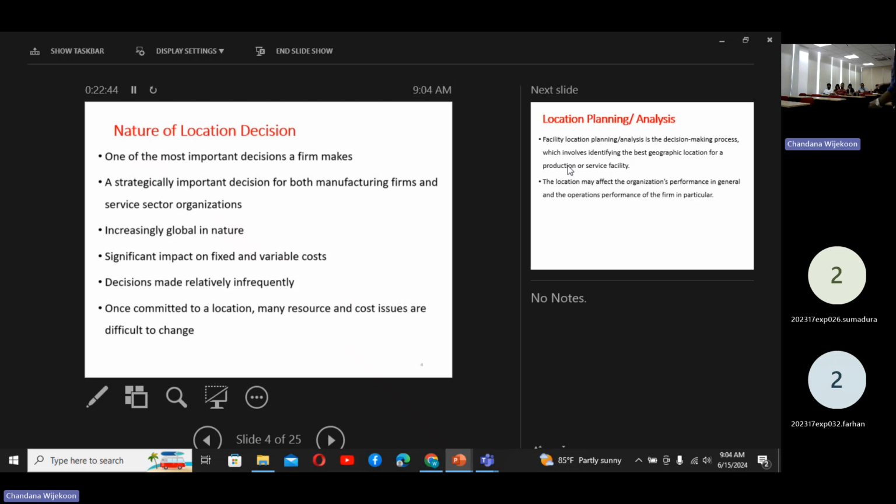There can be various resource issues and cost issues that are difficult to change. So decision makers must analyze various factors and select the locations, and once that is selected, that is a long-term commitment. So in this topic, we try to identify how they should make such location decisions.